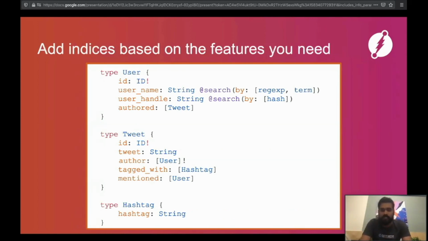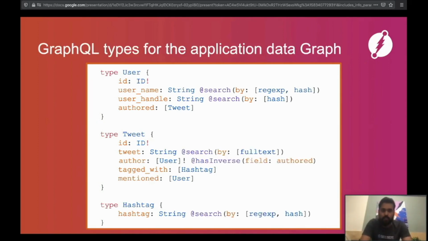Now, similarly, we moved on from our last schema to extend the schema to offer new search capabilities. So if you look at type tweet, we've added a full text search based on the content of the tweet, that is the strings in the tweet itself.